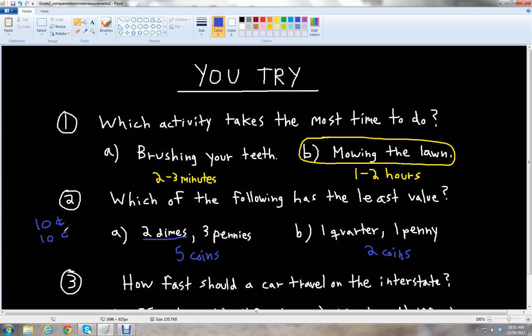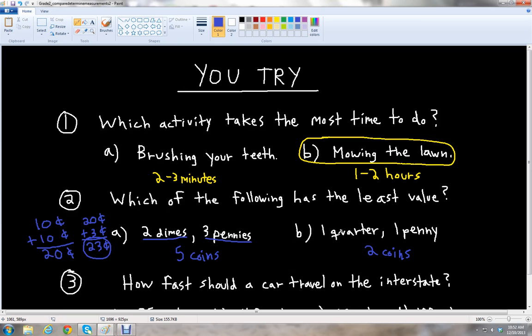If we have 2 dimes, we add those together: 10 plus 10 is 20, so we have 20 cents. And then if we have 3 pennies added to that, 20 cents plus 3 cents gives us 23 cents. So that's how much we have with 2 dimes and 3 pennies, 23 cents.